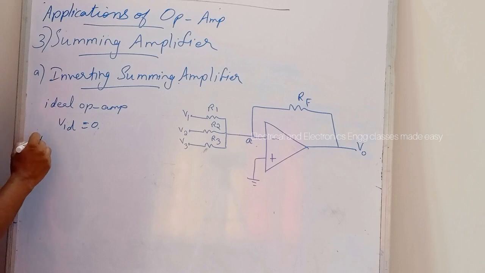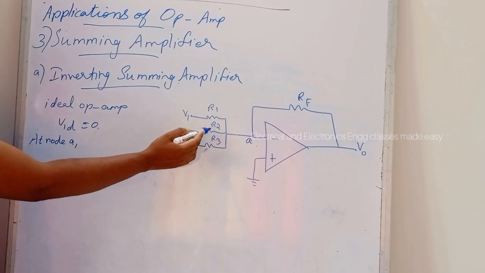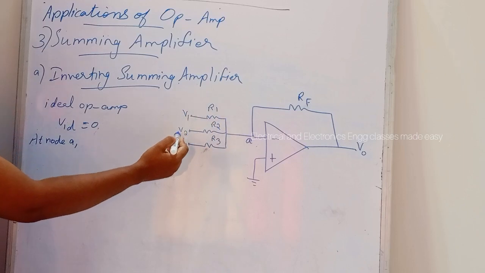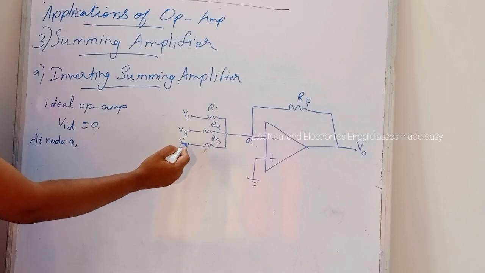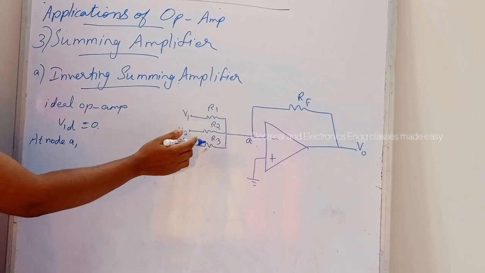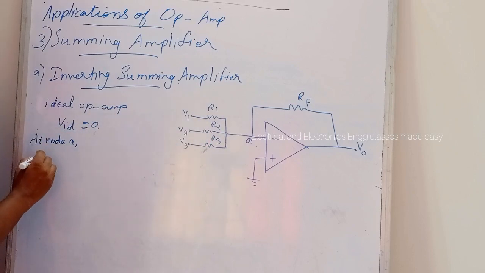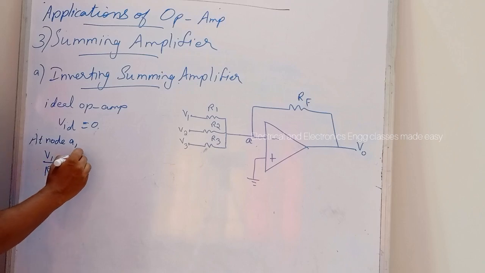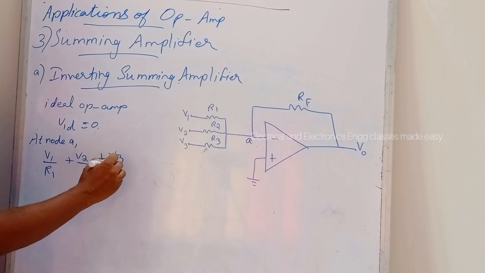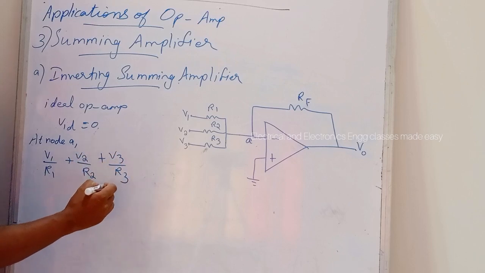So at node A, here V1, V2, V3 are the 3 voltages. So we can write the current like this, that is V1 divided by R1 plus V2 divided by R2 plus V3 divided by R3.